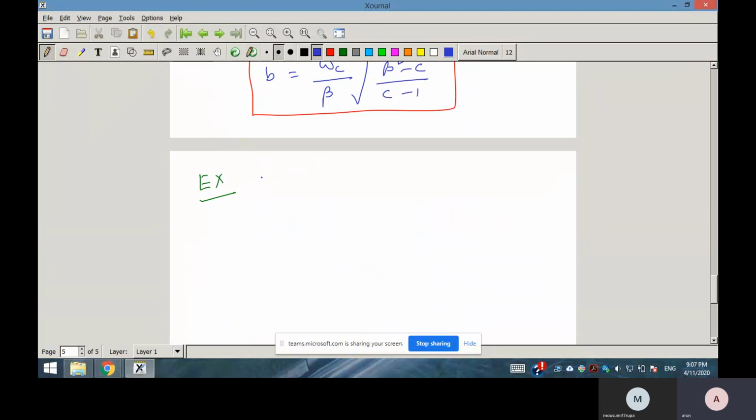Design a lag controller that will provide a phase lag of 50 degree.